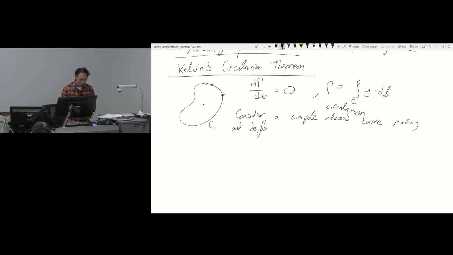The curve is going to be able to move and deform, but we're dealing with inviscid fluids, so the viscosity is 0.